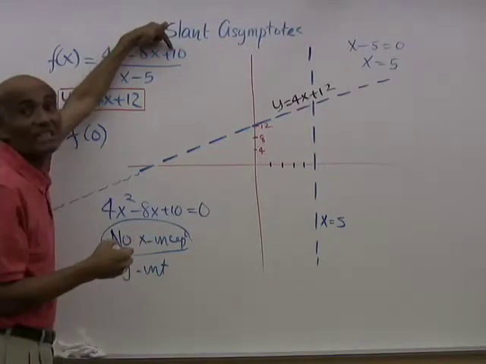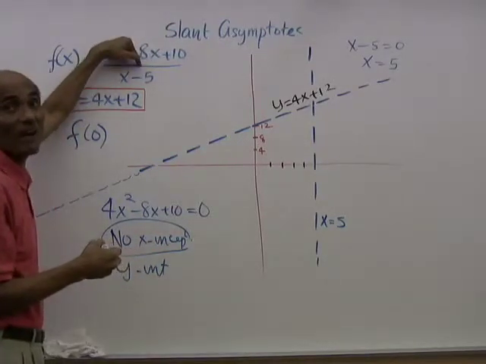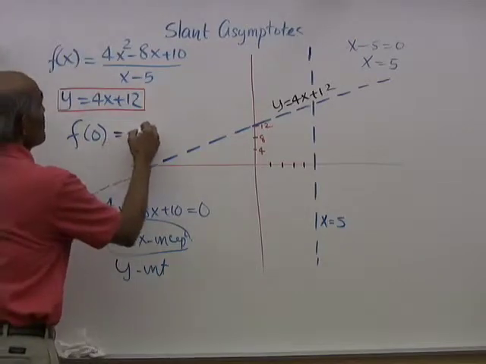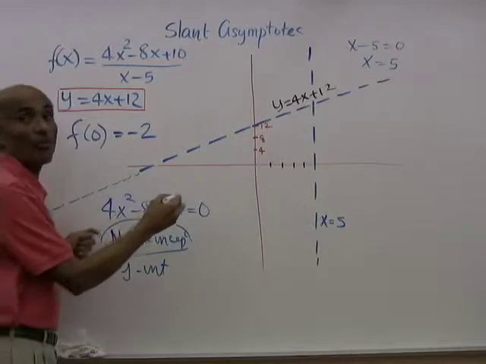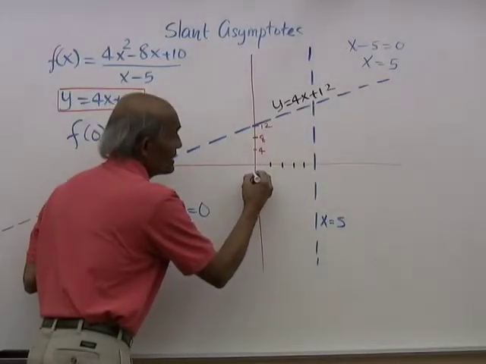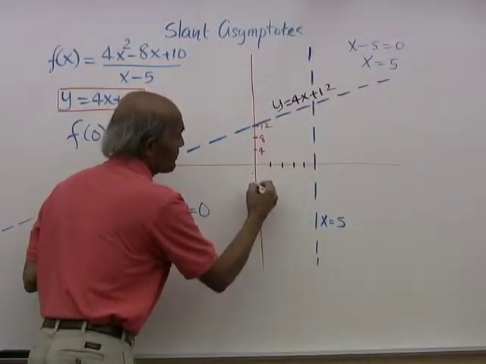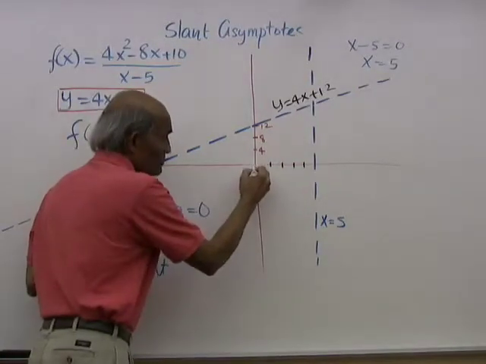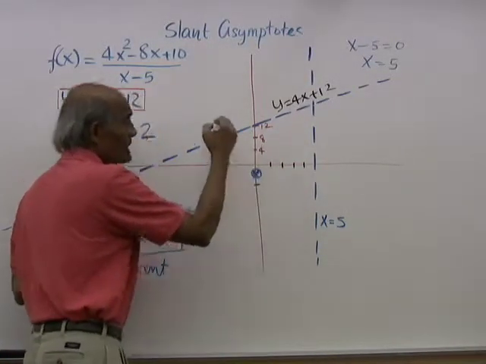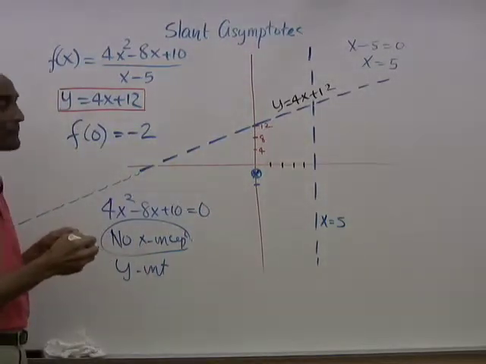You get 10 divided by negative 5. So f of 0 is negative 2. In other words, the y-intercept will be here. If this is 4, that's negative 4. This is negative 2. The y-intercept is here. The graph will cut the y-axis there.